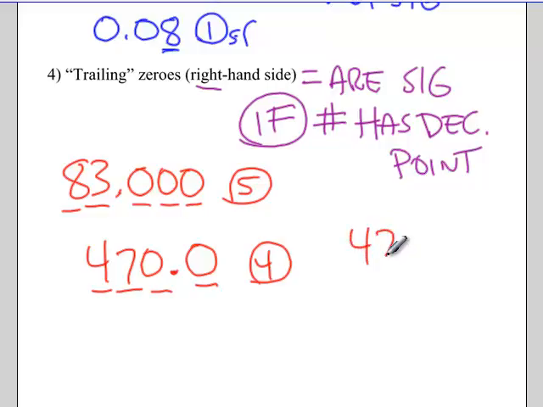If I just wrote 470, now the 4 and the 7 are still significant, but this 0, there is no decimal point written down, so that trailing 0 is not significant. So this only has 2 sig figs.